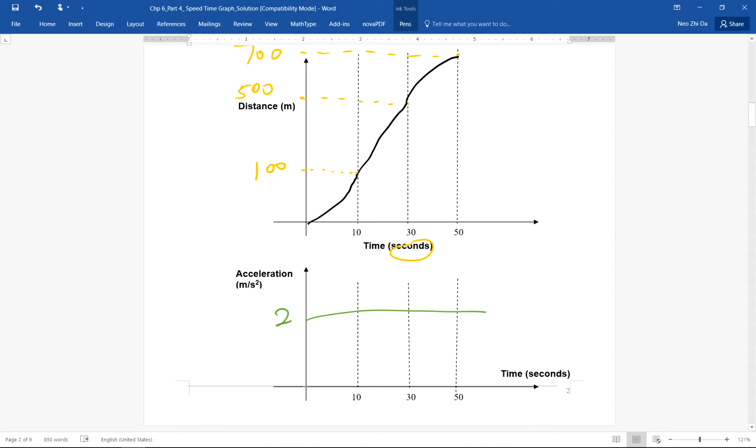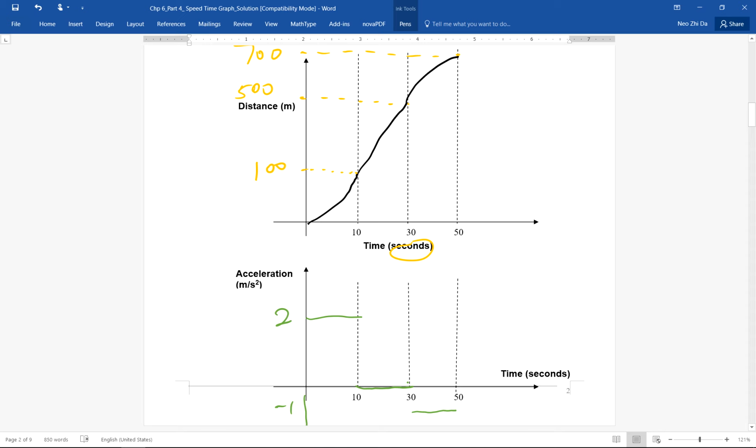Next one is 0. Oh, sorry, I drew this wrong. The 2 is from here to here, then after that, here. But from 30 to 50 it is actually negative, so it should be here. You all help me to extend it down. You don't need to draw a line to connect these two.